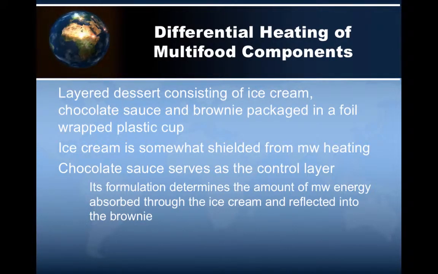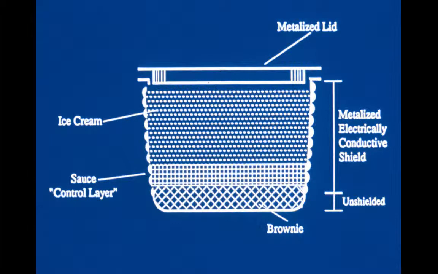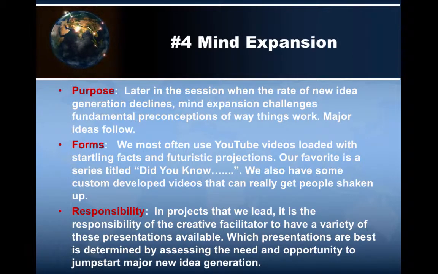Also talked about differential heating of multi-food components, layered desserts, and chocolate sauces. Got everybody's appetite up and listening to all of this stimulus. And also shown on the screen now is a picture of a device and the layering of things and how all that can impact the cooking process. So a lot of detail often comes through in these sorts of stimulus presentations.